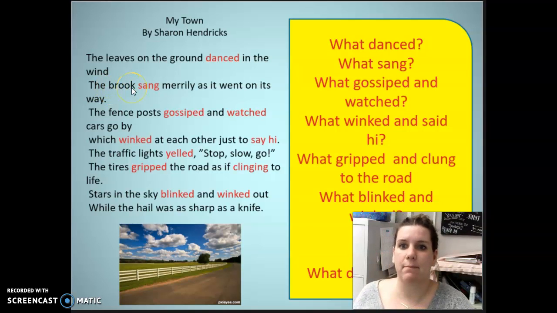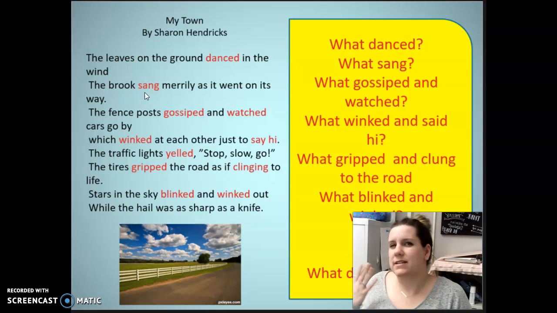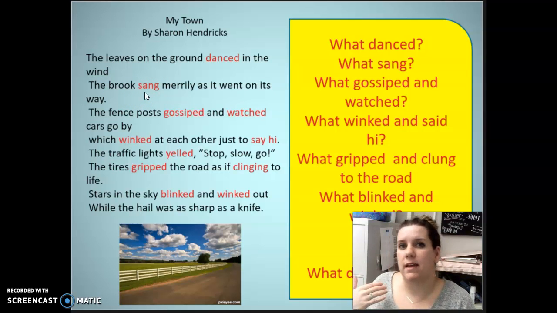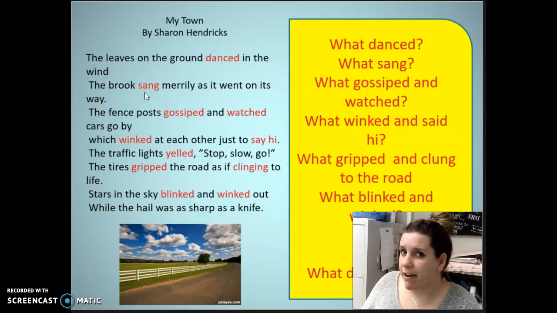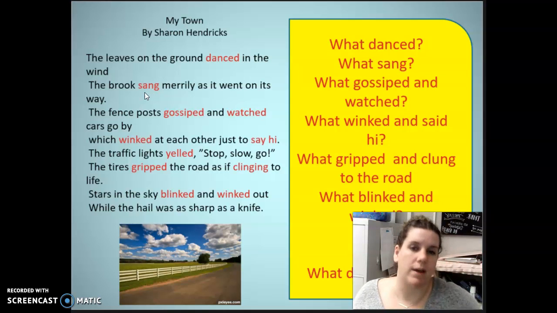The brook sang merrily as it went on its way. So the brook is the non-human object, and the personification is sang, but you know a brook doesn't sing, so you can make an inference that the brook was making noise, or you could hear the water trickling down. The fence posts gossiped and watched cars go by. Again, fence posts gossiping and watching, they don't do that.